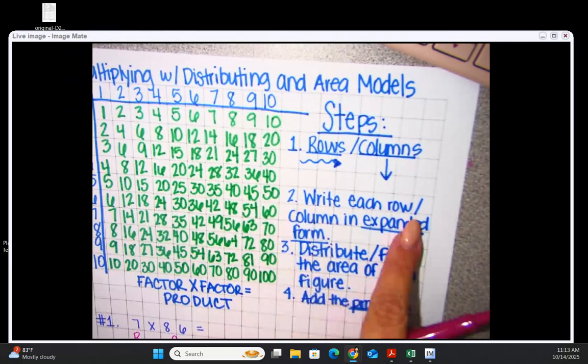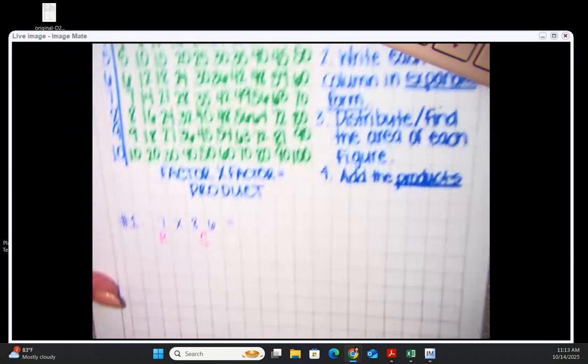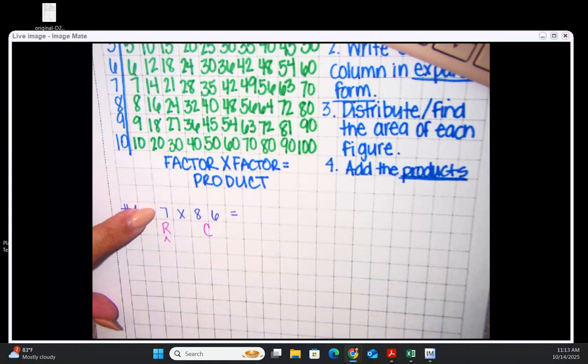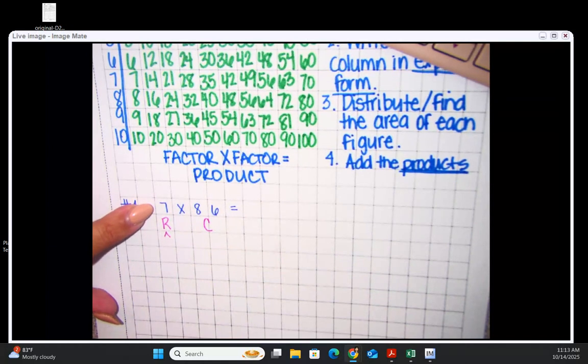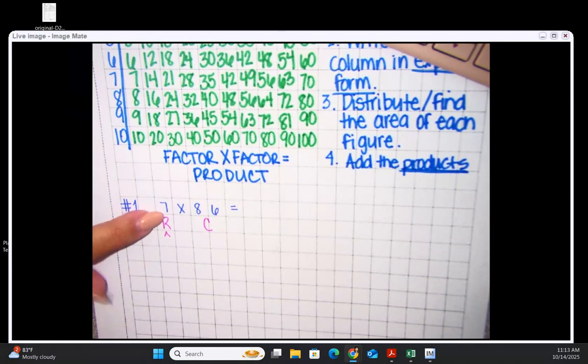So now I'm going to write each row and column in expanded form. So if I want to write 7 in expanded form, what would it be? How do I expand 7? Remember, expanded form just tells you the value of that digit. So what is the value of this digit? 7.